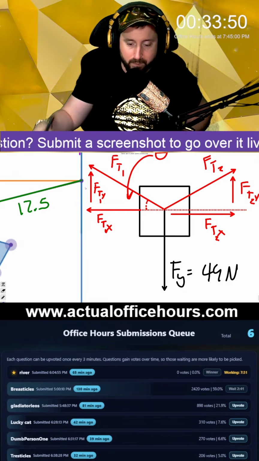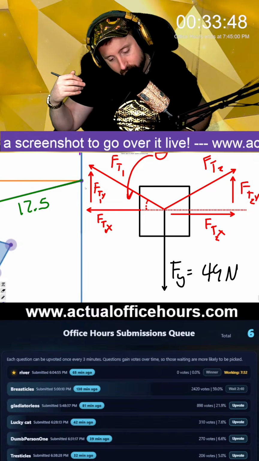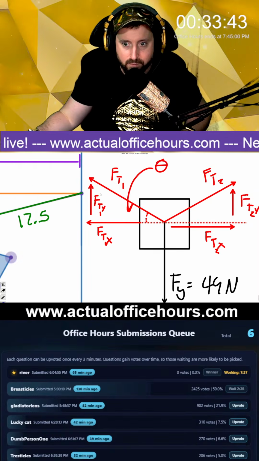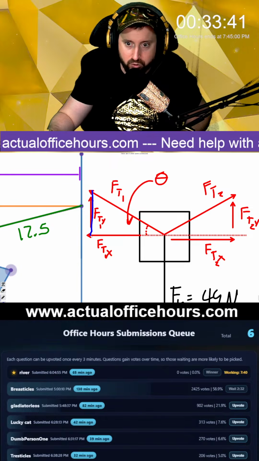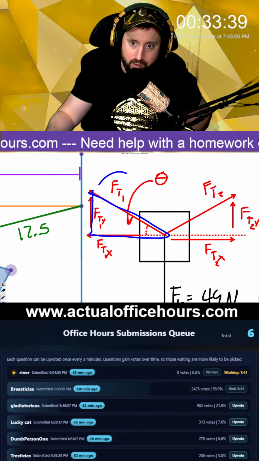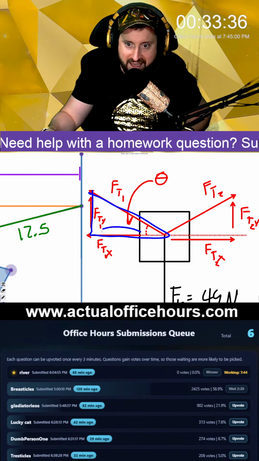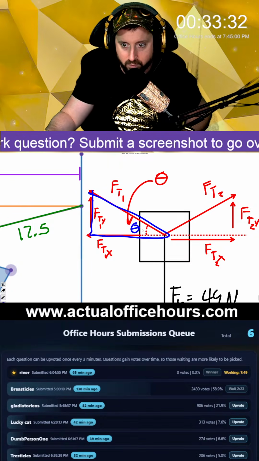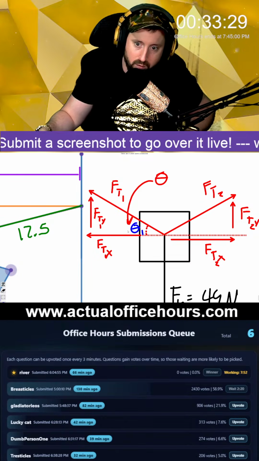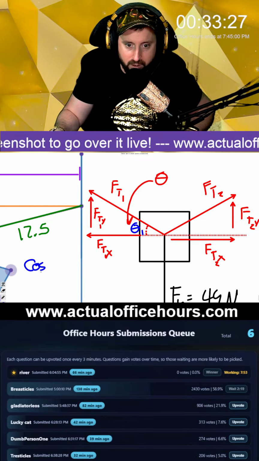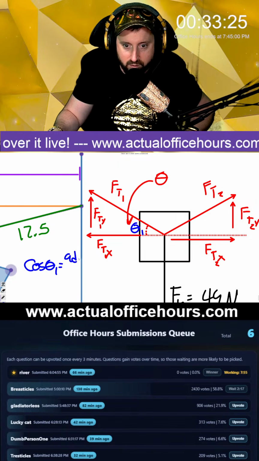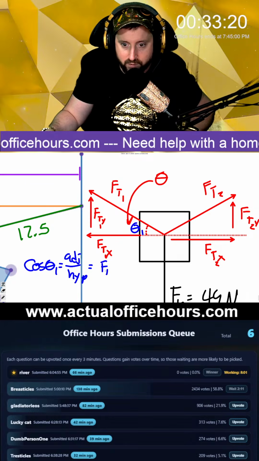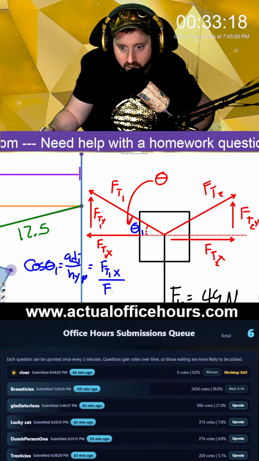So you said cosine? Yes. This is a right triangle, and this is FT1. So the x component would be FT1 cosine of theta 1. The reason is that cosine of theta 1 is equal to the adjacent over the hypotenuse, where the adjacent is FT1X and the hypotenuse is FT1.